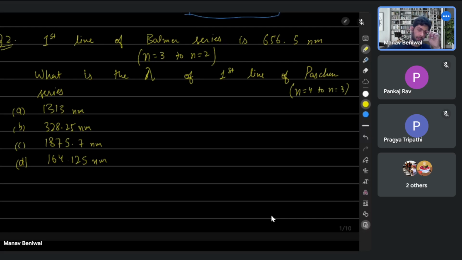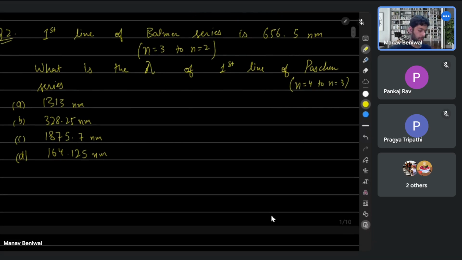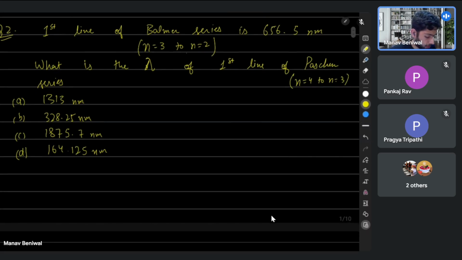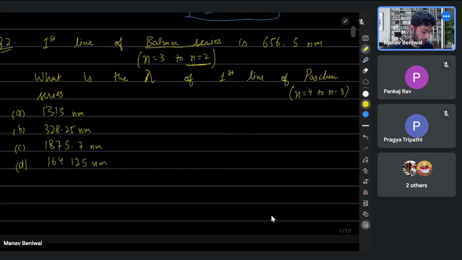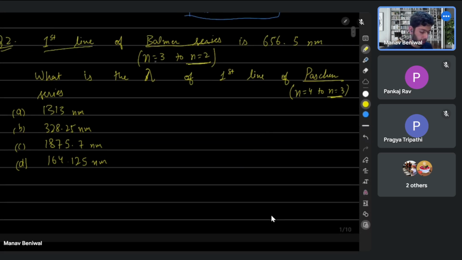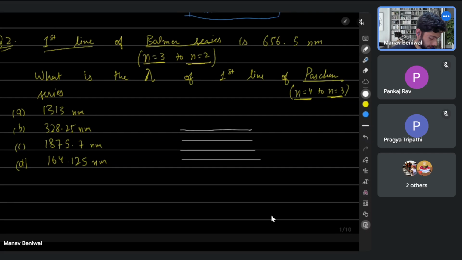Okay. Now you know that for hydrogen atom, depending on the transitions, if the electron is coming back to n equals 2 level, then it is called a Balmer series. Similarly, if it is coming to n equals 3 level, then it is called a Paschen series. And it is the first line because it is coming from one level above. Similarly here, it is coming from one level above. So let us draw all the levels: this is 1, 2, 3, 4, and so on.